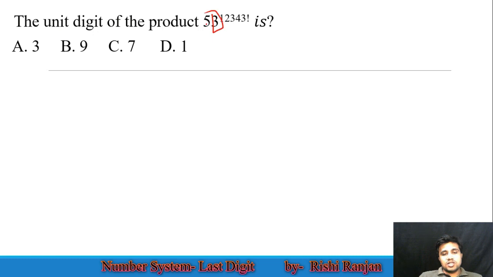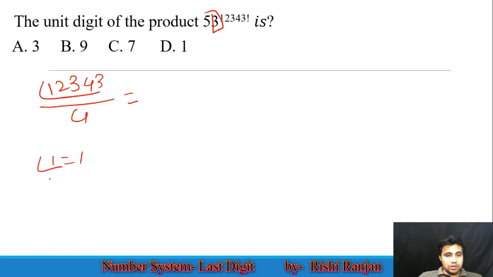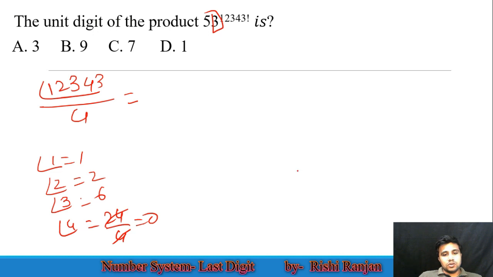Okay. Cyclicity of 3 is 4. So factorial 1, 2, 3, 4, 3 divide by 4. Find the remainder. Now you might be knowing this. Any factorial apart from factorial 1, factorial 2 and factorial 3, they will all be divisible by 4.